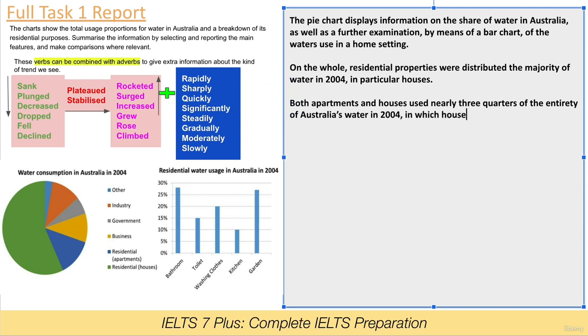In which houses, we want to talk about how houses had over, in which residential houses' proportion was over half. Okay, so we've addressed that. Now we can dive into what that's being used for.